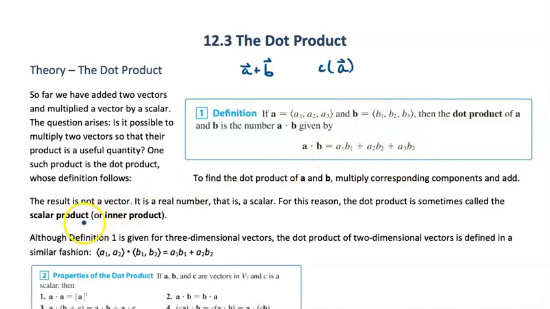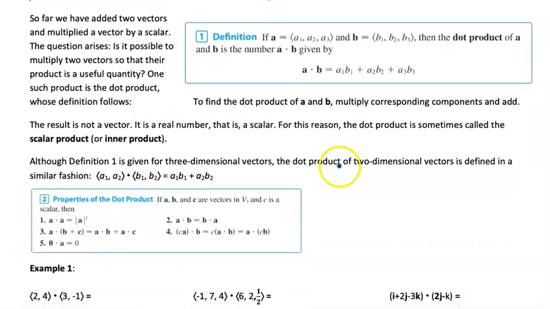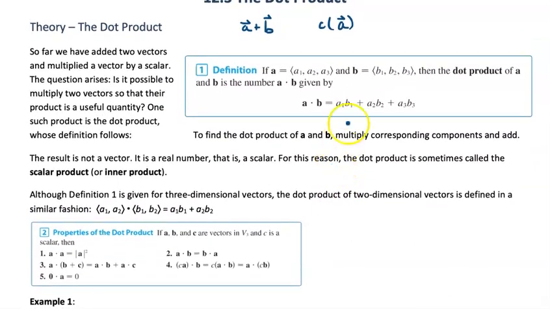That's why a lot of times this is called the scalar product, because when we take the dot product of A and B, we're not spitting out another vector, we're just spitting out a number, a scalar. So there are a few rules here for dot products. A few properties of dot products, and these are similar to what you know about properties of multiplication in general.